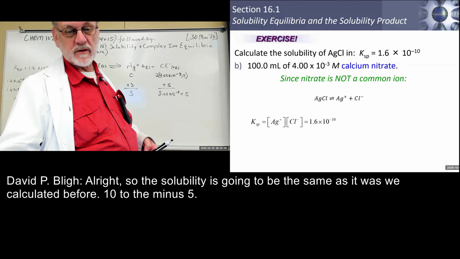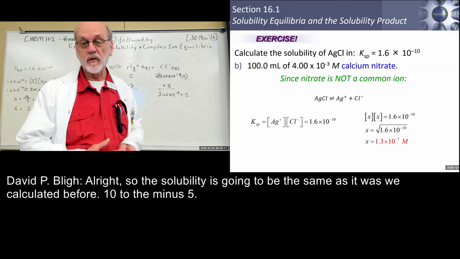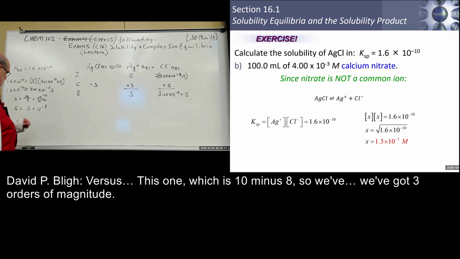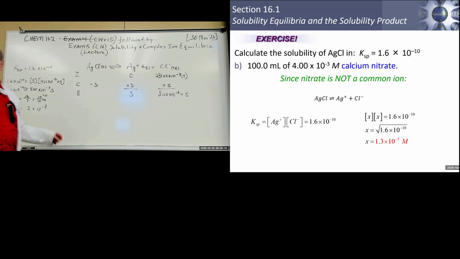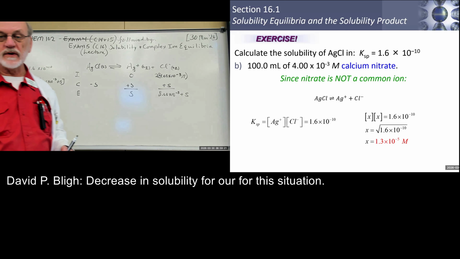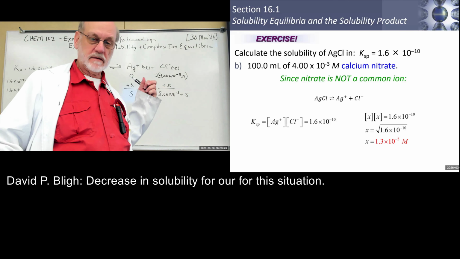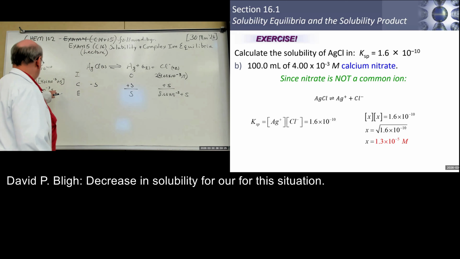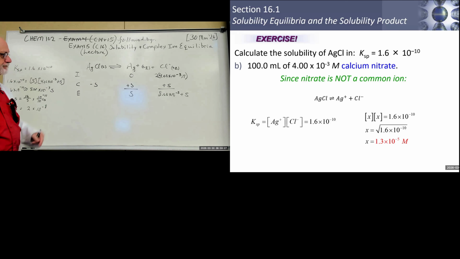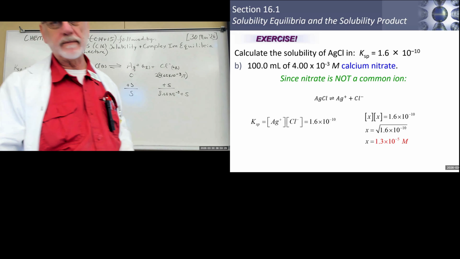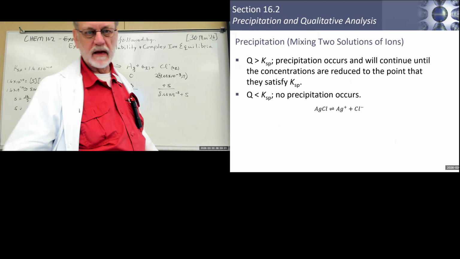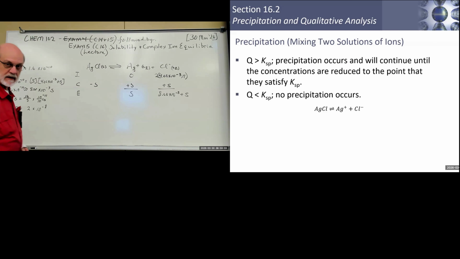So the solubility is going to be the same as we calculated before, 10 to the minus 5, versus this one, which is 10 to the minus 8. So we got 3 orders of magnitude decrease in solubility for this situation, calcium chloride.